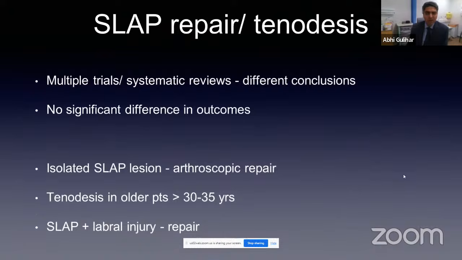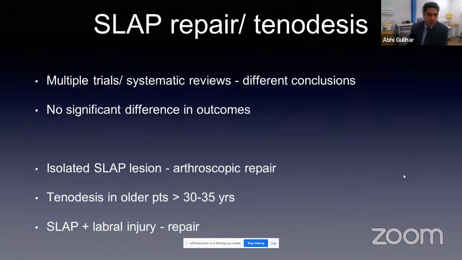Multiple trials have now been conducted, or systematic reviews have been published comparing the two techniques. And the conclusions usually are either tenodesis is better, or SLAP repair is better, or there is no difference. So basically, the jury is still out on this. My practice is, if it is an isolated SLAP lesion in a younger patient, let's say younger than 30, then I would do a SLAP repair.